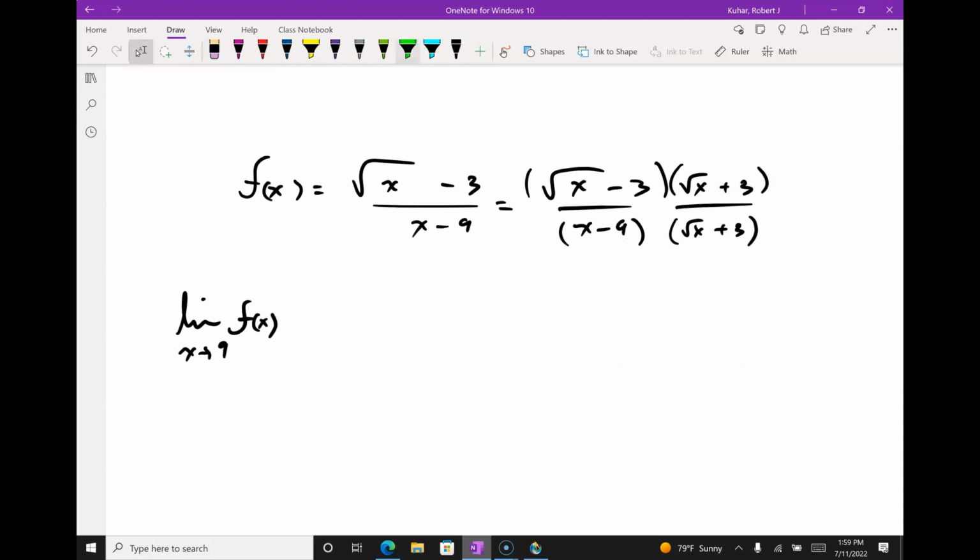In blue, what number am I multiplying by? What number? 1. So I'm not changing it, right? I want to leave the downstairs alone.